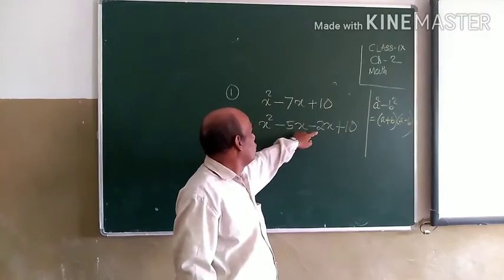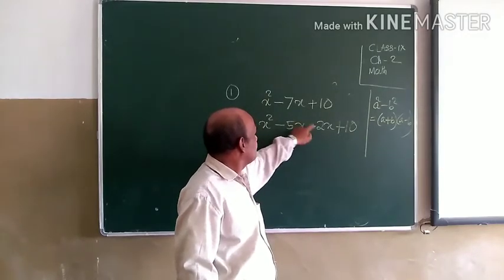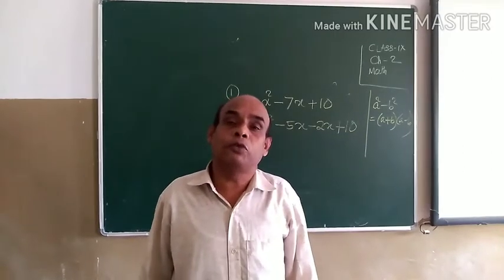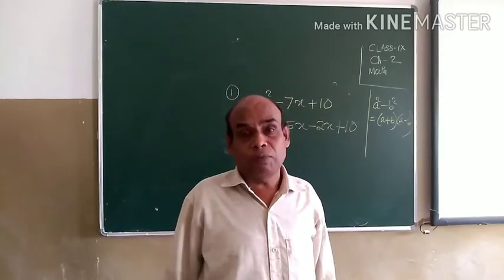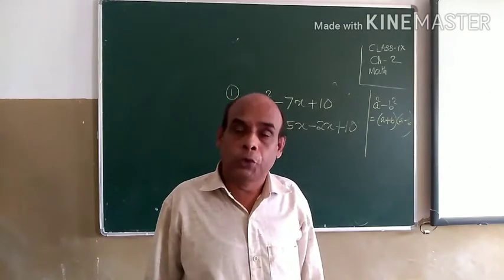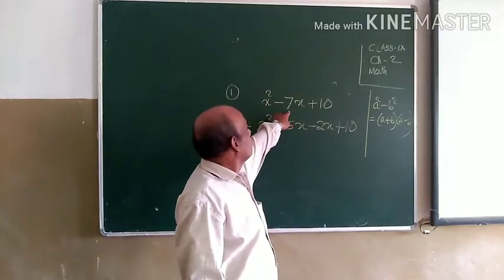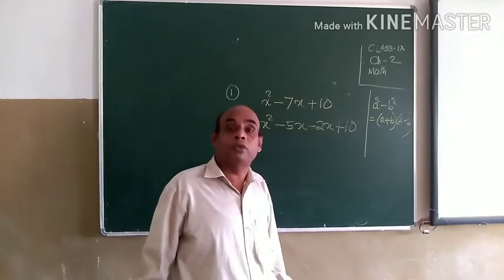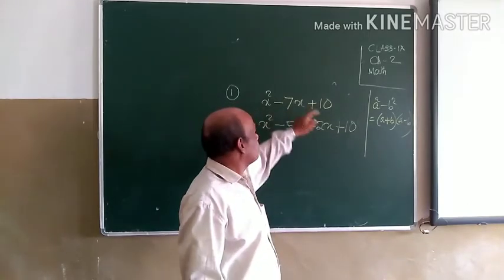You see minus 5 and minus 2. You have to remember, the sum will give the middle one. So you see minus 5x minus 2x, whenever you add them, you get minus 7x.